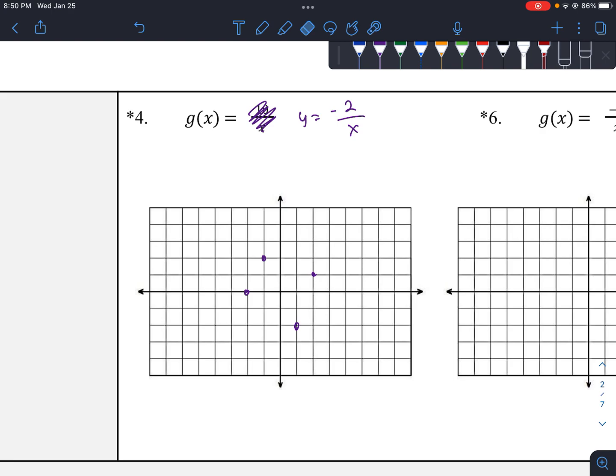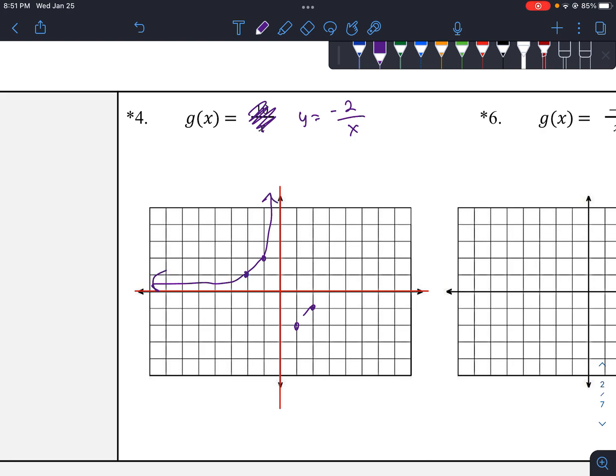Oh, whoops, I put that in the wrong spot. Right here, here, and I put that one in the wrong spot too, here and here. So not just over 1 and up 2, but up 1 and over 2, and in the other quadrant in the same manner. And then I have my asymptotes like this, and there we go.